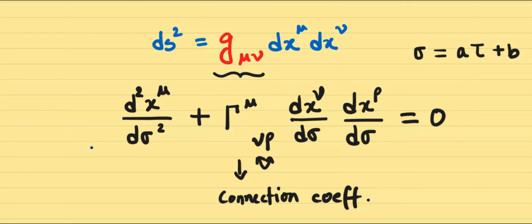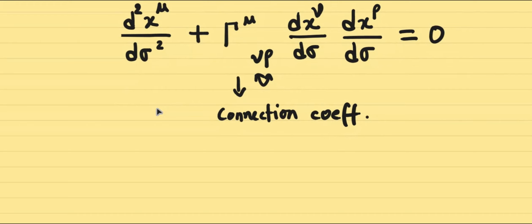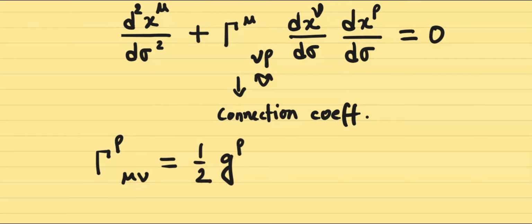Now the most important part of this equation is to find out the connection coefficients, and that is the task that carries the bulk of the work in terms of computation. How do we find out the connection coefficients? So there is a formula, and the formula says the connection coefficient gamma rho mu nu can be written as half times g rho sigma, where g rho sigma are the components of the inverse metric, right?